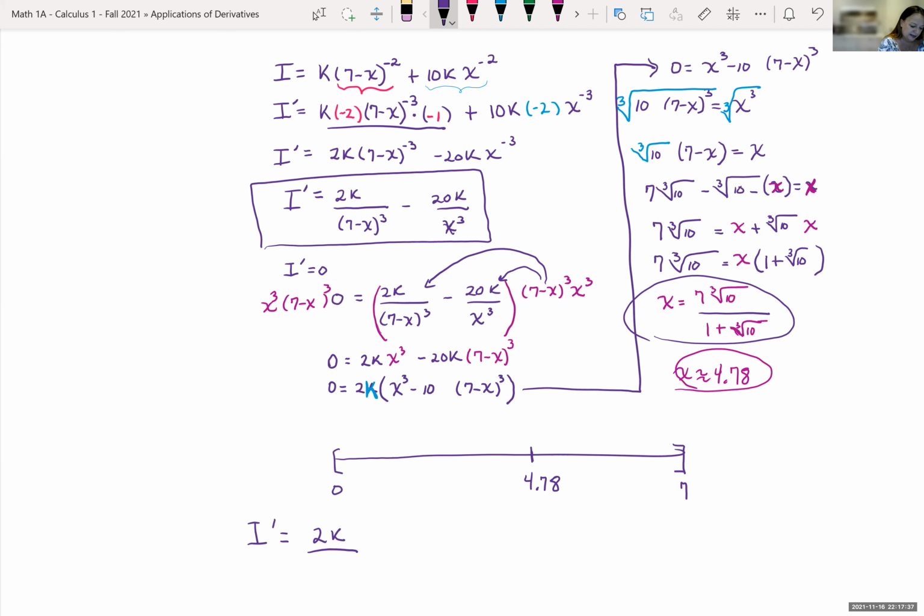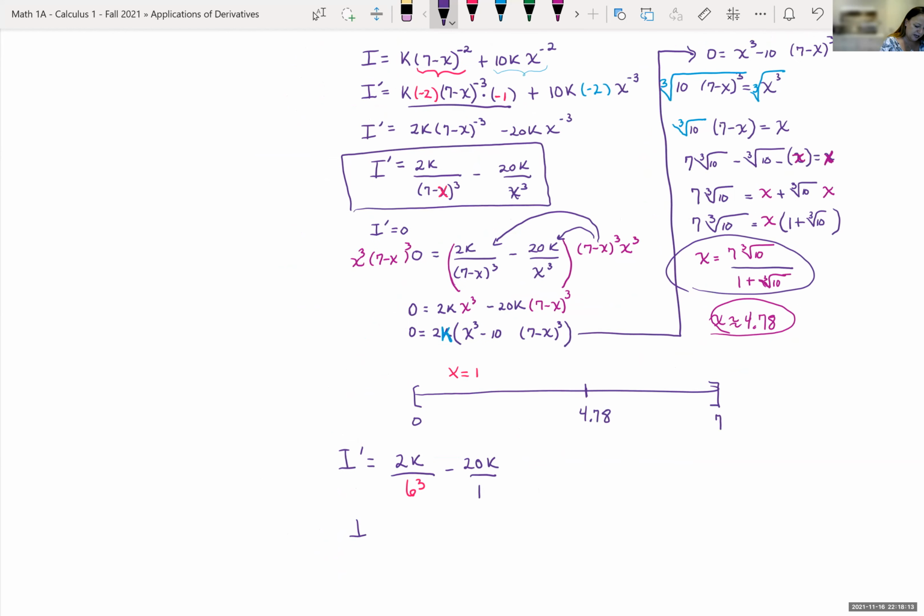So if we plug in, let's test a value, maybe X equals 1. So if we have 1 in here, we have 7 minus 1, which is 6, and then we have 6 cubed. Okay, so 6 cubed, let's just write it, minus 20K all over 1 cubed, which is 1.